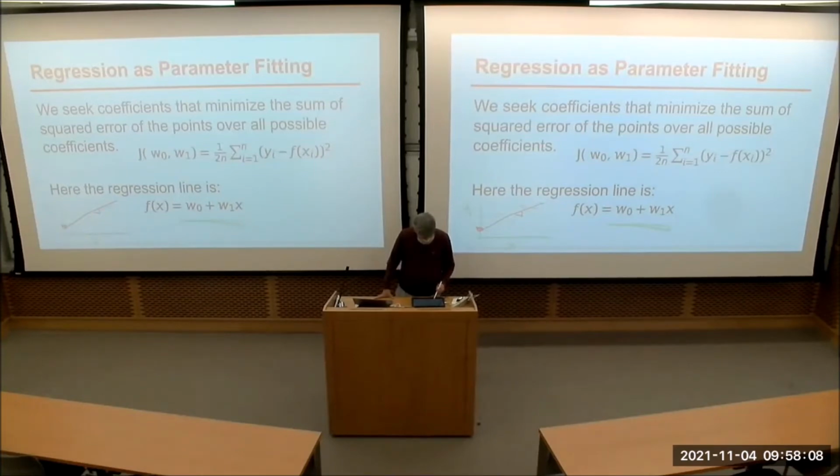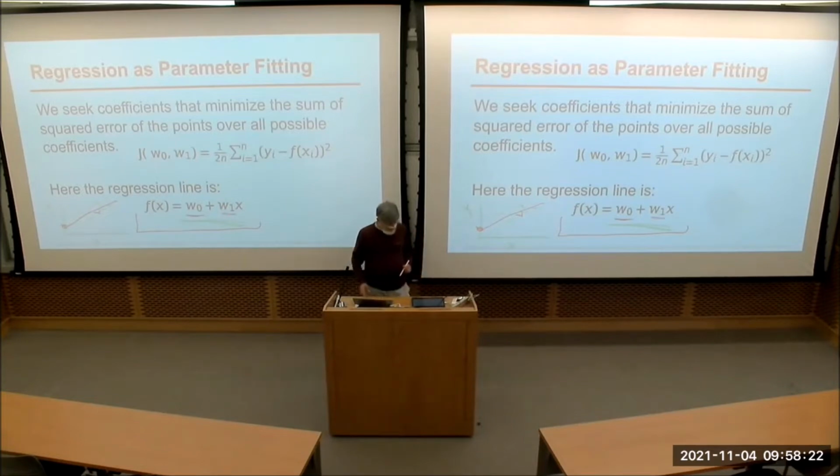So if we're trying to find the best line to fit a bunch of points, one way to think about it is, we're just trying to find the values. Here I'm calling them W0 and W1, the parameters for the intercept and the slope. What are the best parameters, W0 and W1?